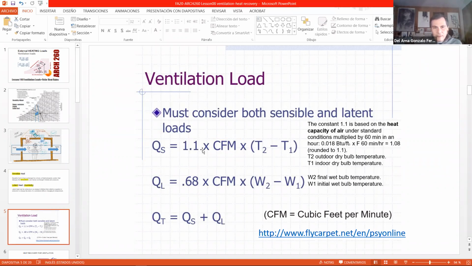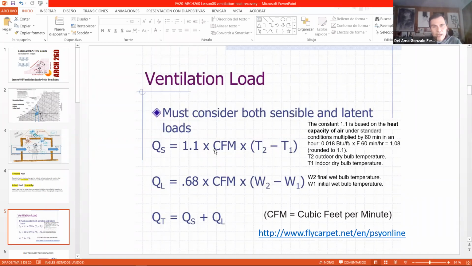I explained these two formulas, so I explained the concept of CFM. CFM stands for cubic feet per minute, and this is the amount of air that we need. And why do we need that? That depends on people. The more the people, the more fresh air we need. Okay, so the CFM is the cubic feet per minute, and per person.